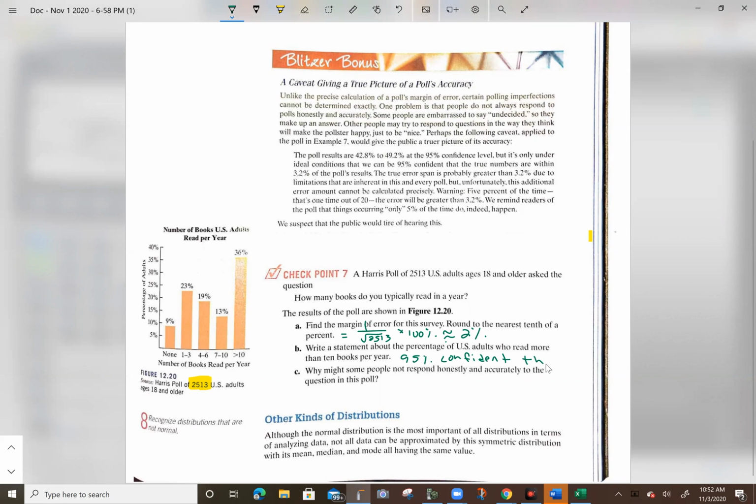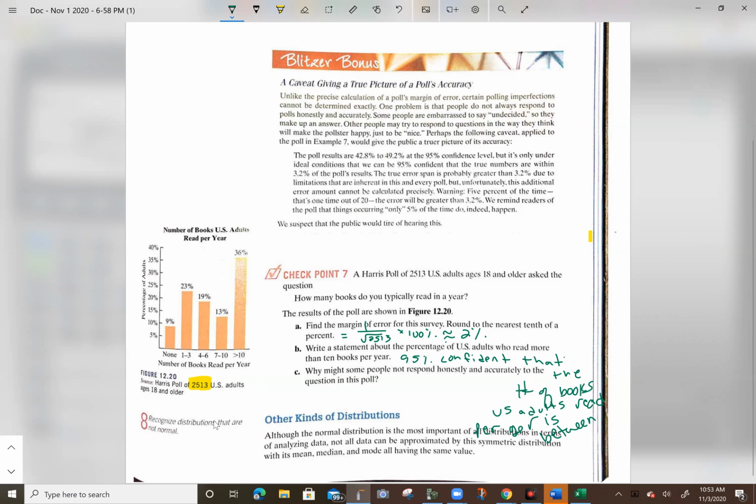that the number of books US adults read per year is between, and then where is our mean?